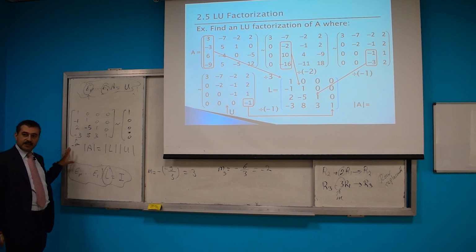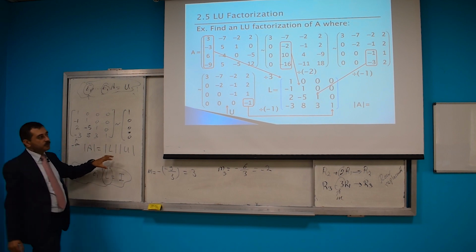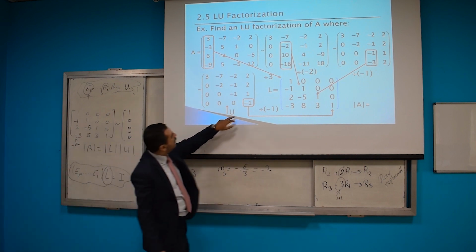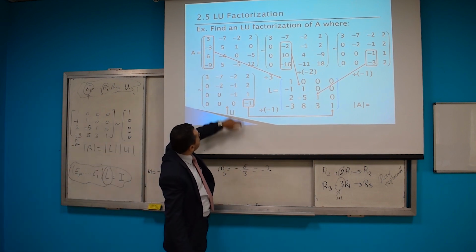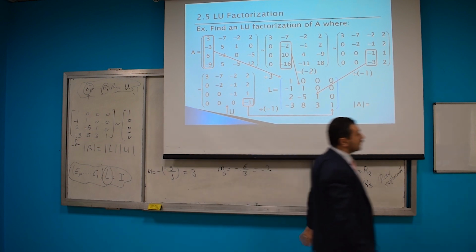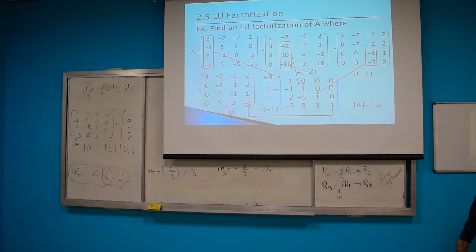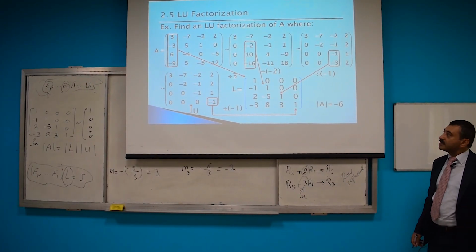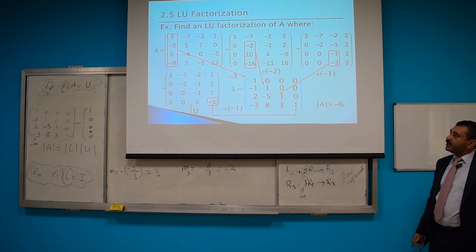So determinant A equals determinant of U. What is determinant of U? Negative 6. So this is the determinant of A from the LU factorization. It equals the determinant of U directly.